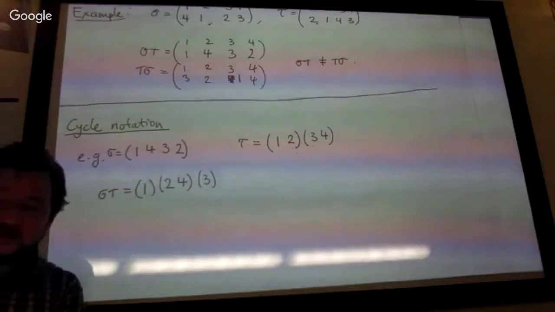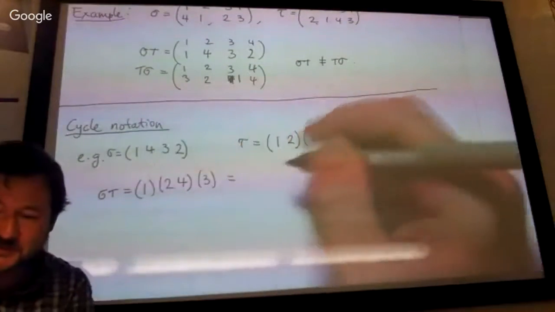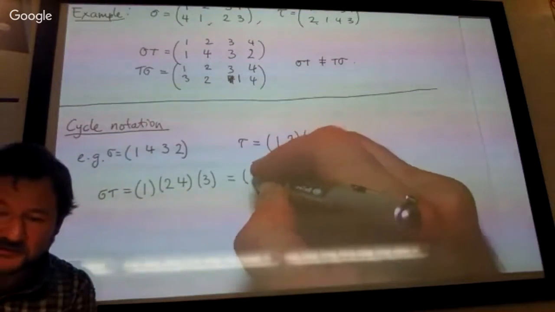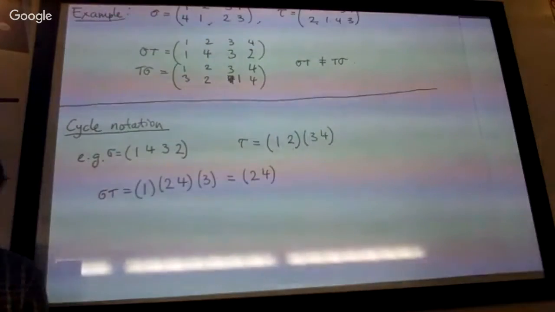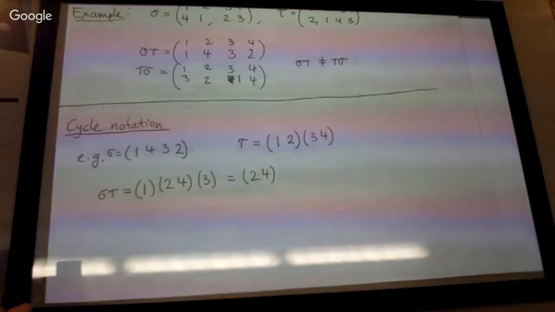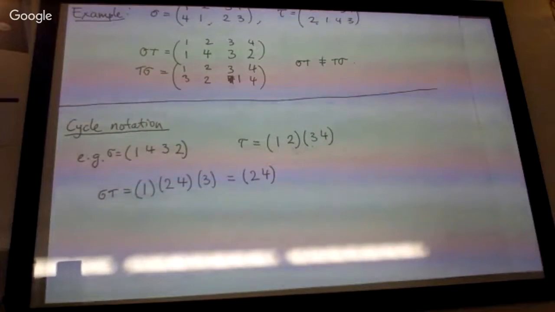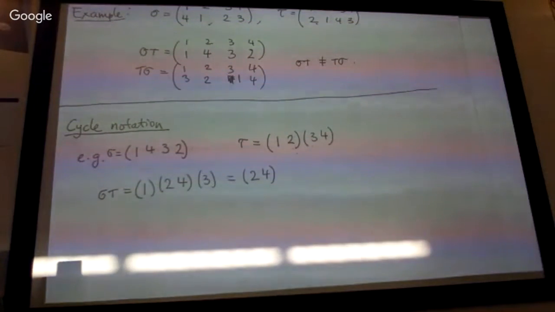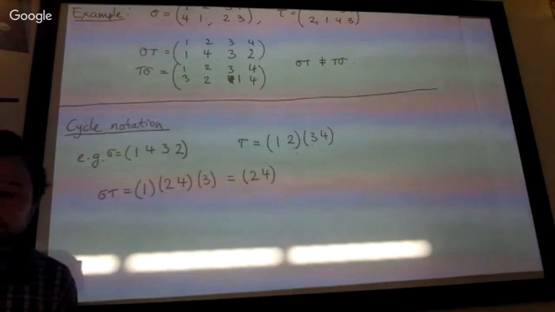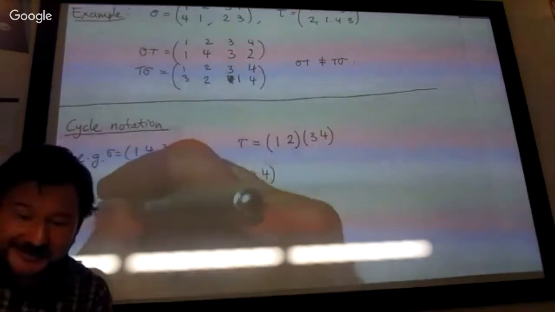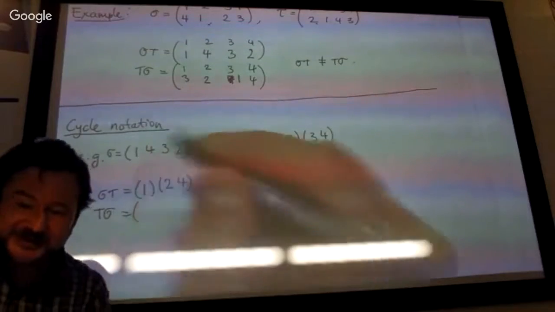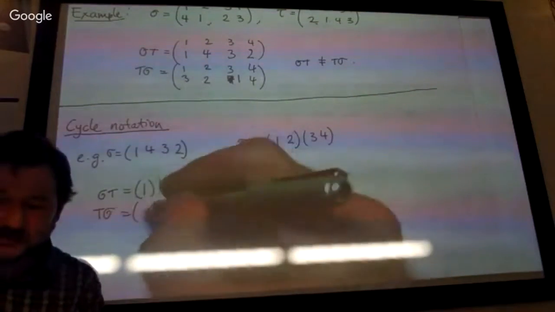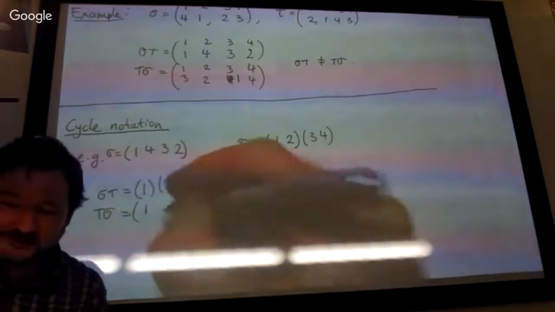So one typically in the cycle notation doesn't write the cycles of length 1. So you just write (2 4). 2 goes to 4, 4 goes to 2. 1 and 3 are not there, so they just go to themselves. And one last example, when I'm doing the multiplication the other way around, sigma first, so 1 goes to 4, goes to 3.